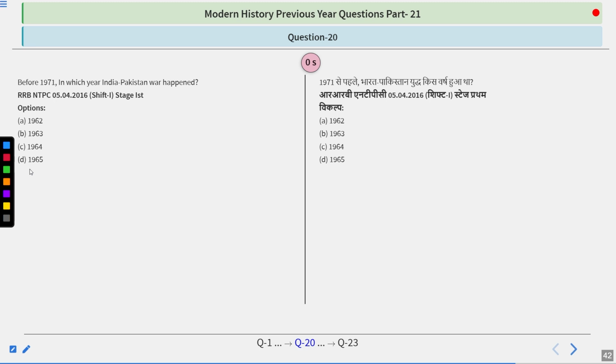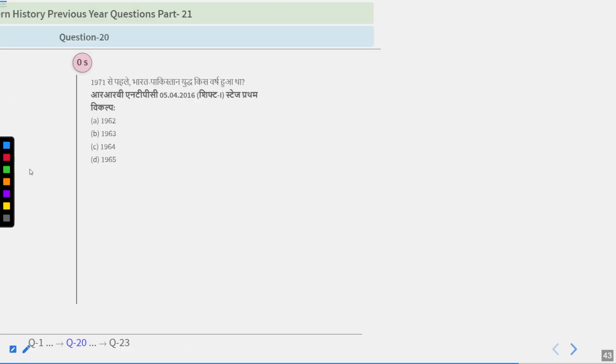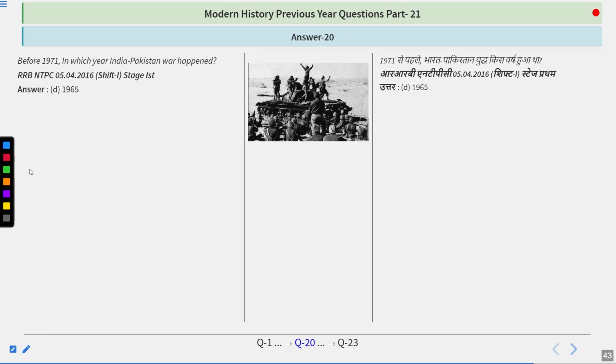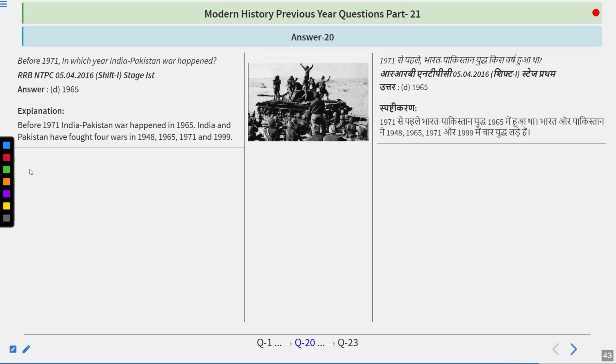And I guess once again the answer you are looking for is quite right, because the answer is 1965. So before 1971, India-Pakistan war happened in 1965. India and Pakistan have fought 4 wars in 1948, 1965, 1971 and 1999.